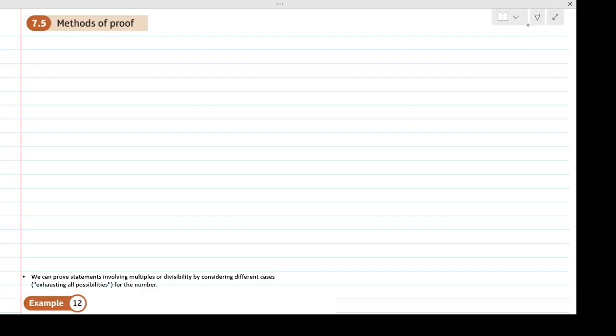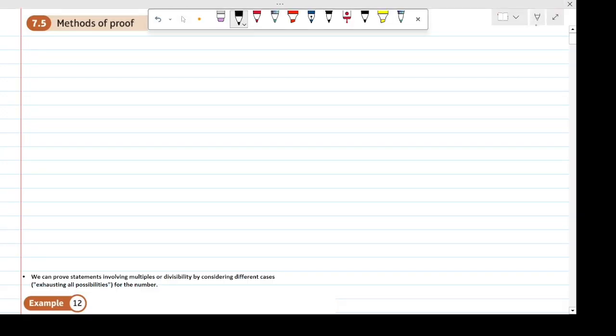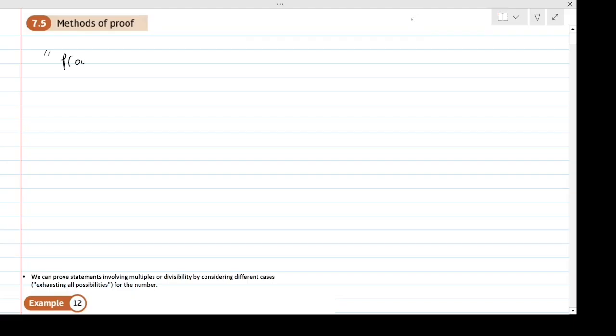Okay, so the first one we're going to look at is something called proof by exhaustion. What that means is, from a statement that we want to prove, we get given something, right? And what we're going to do is split things into different cases. That's what exhaustion is.